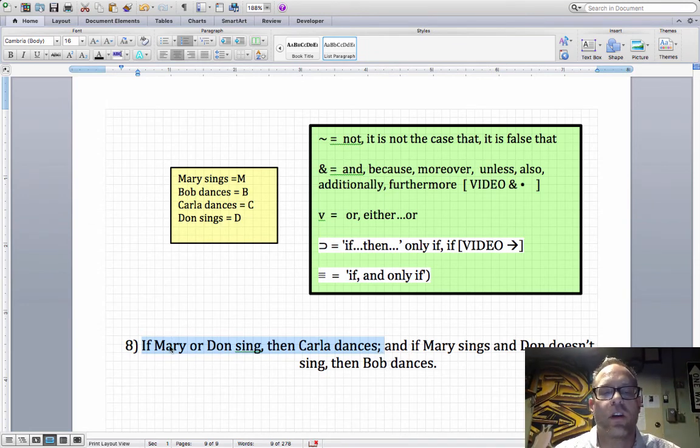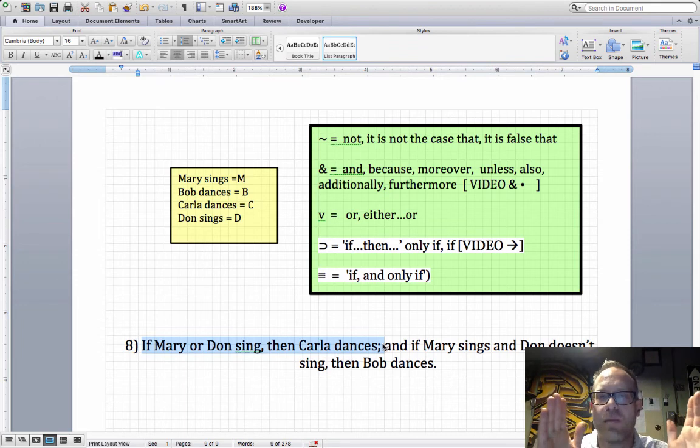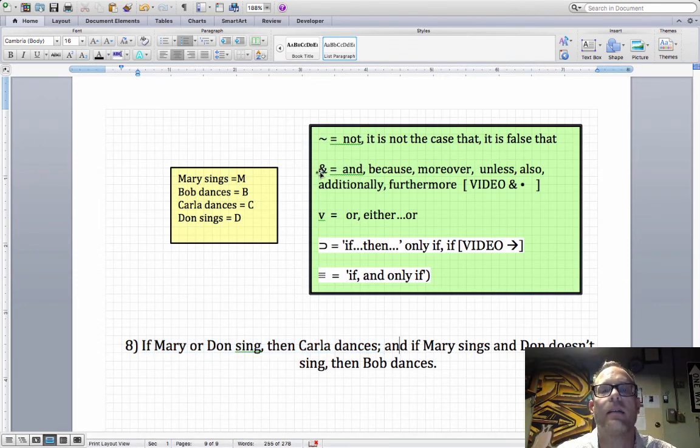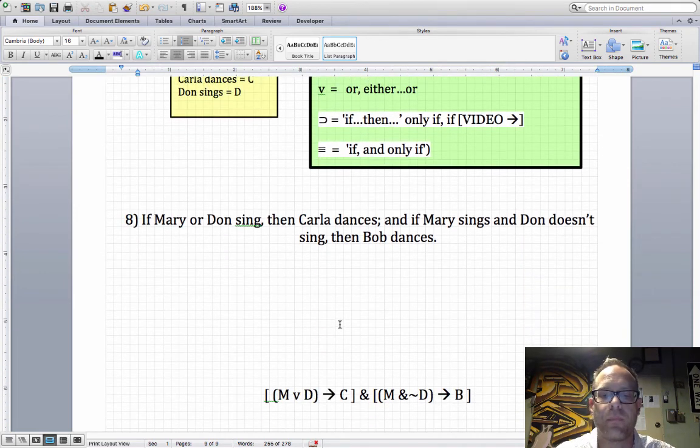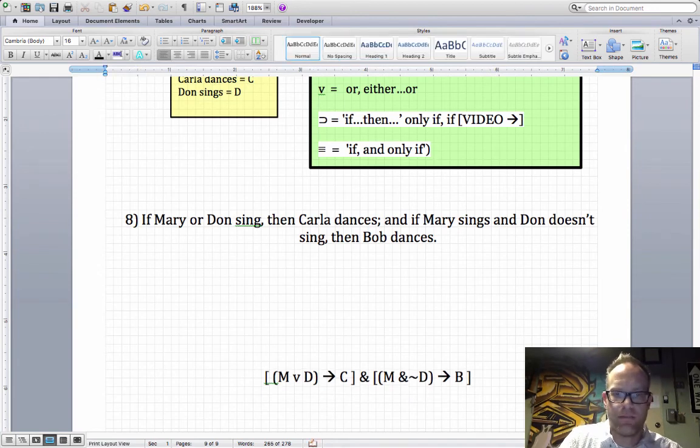So we're going to have M wedge D implies C. And then that stuff's going to be in parentheses. And so that's going to be a conjunct. If Mary sings and Dawn doesn't sing, so M and not D, then B.